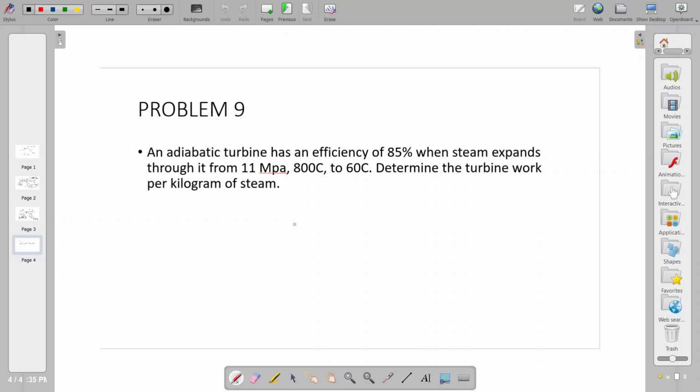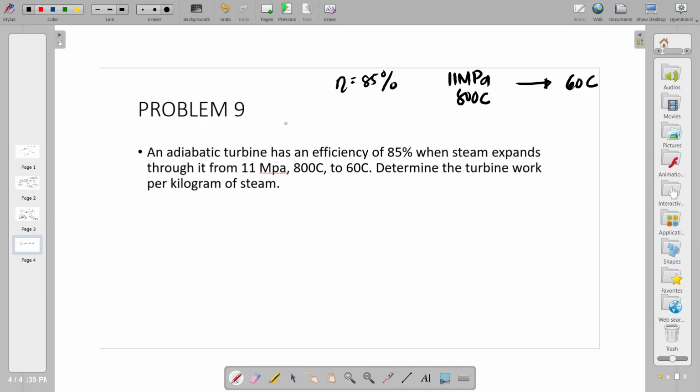An adiabatic turbine has an efficiency of 85%. Okay. When steam expands through it from 11 MPa 800 degrees Celsius napunta daw sa 60 degrees Celsius. Okay? Turbine ito, ibig sabihin palabas yung work. Determine the work done.